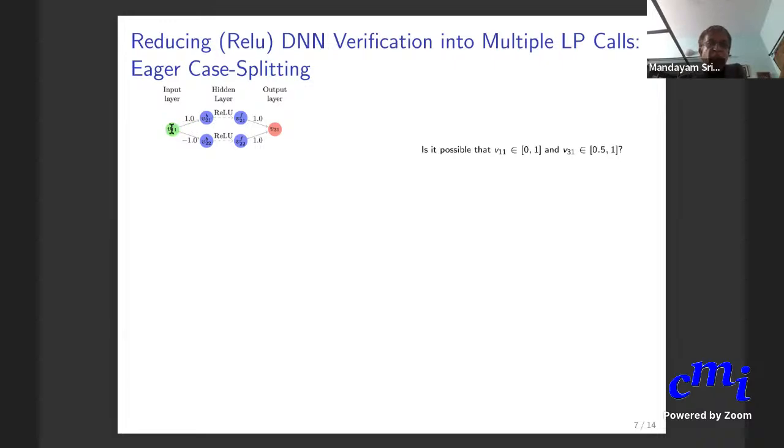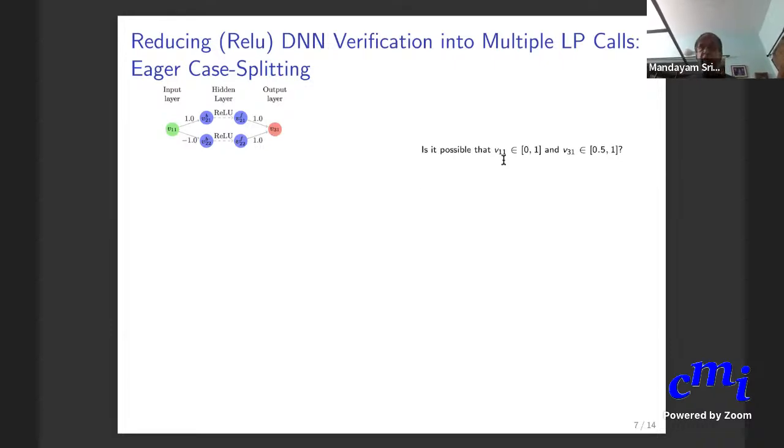If it is positive, then it just passes on the same value. If it is negative, then it will be 0, and 0 will be propagated.